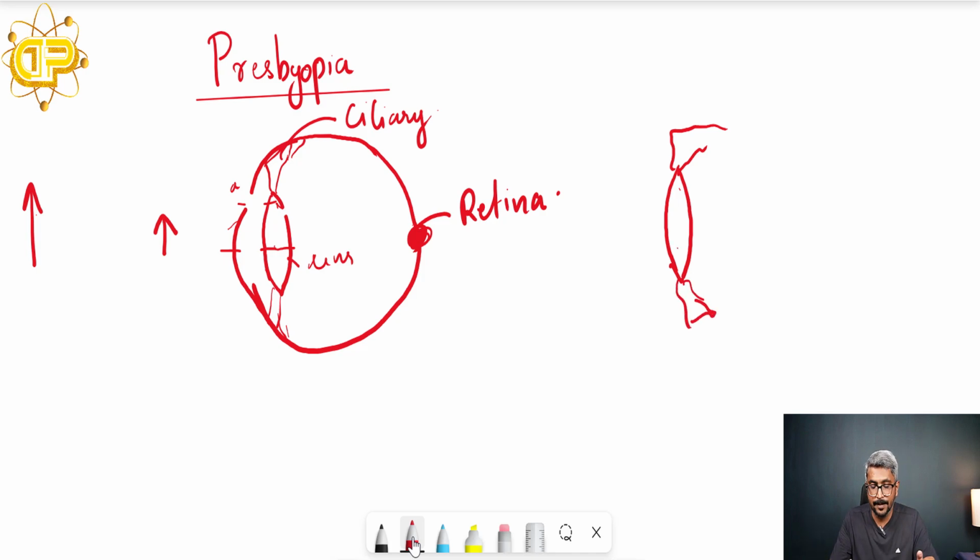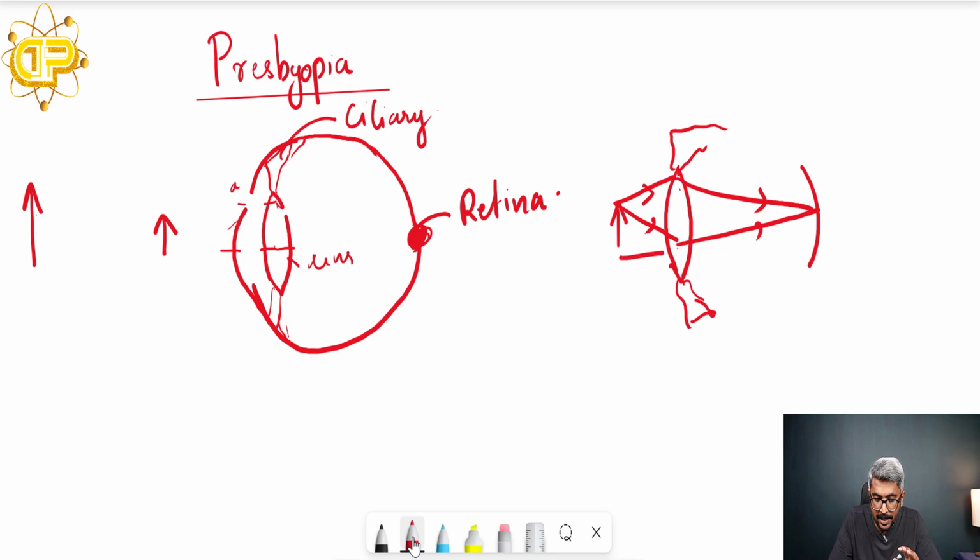So if you want to see an object which is kept nearby, then the light rays will come there and it should fall on this particular retina. This is what should happen to see this object's image. But as the object is very nearby, the lens should increase its thickness.